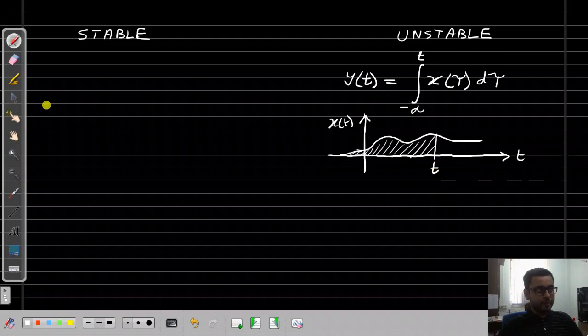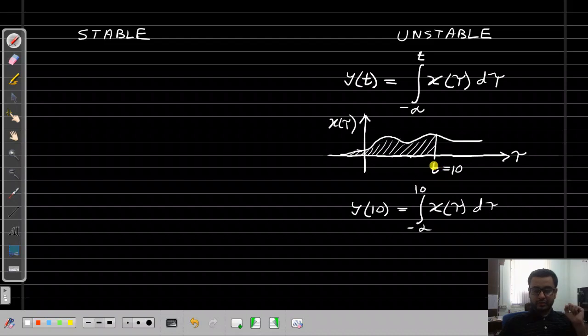To be mathematically rigorous, I write tau as a dummy variable. So as an example, y of 10 will be the integration of x of tau d tau from minus infinity to 10, up to this point.